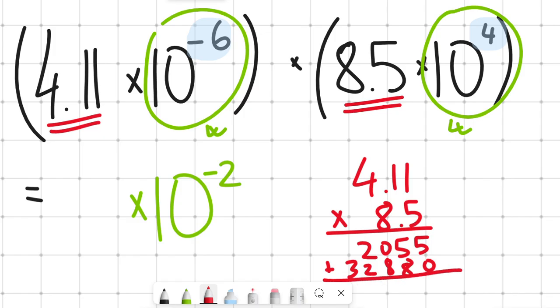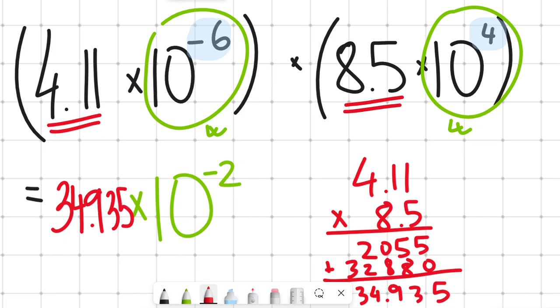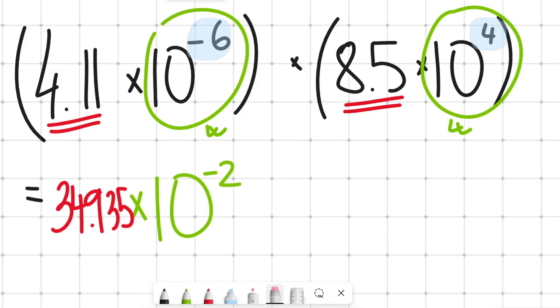We add it quickly, so we get 5, 13 and 1. Then we get 4, then we get 3. 1, 2, 3, we move the point here. So it will be 34.935. All right, so guys, so far what we have done is 4.11 multiplied by 8.5.